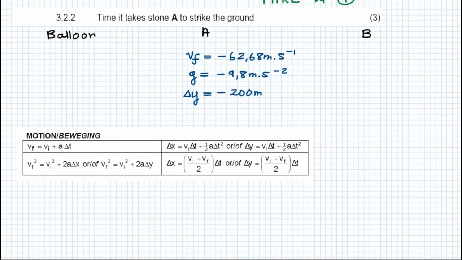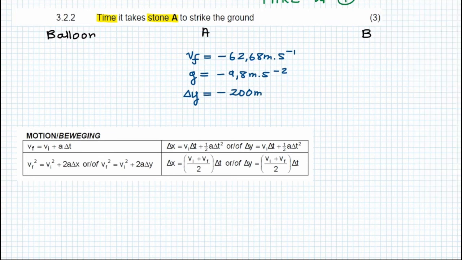Now, question 3.2.2 reads, we need to calculate the time it takes stone A to strike the ground. Before we answer this question, I would like to add the new information that we just calculated at 3.2.1.